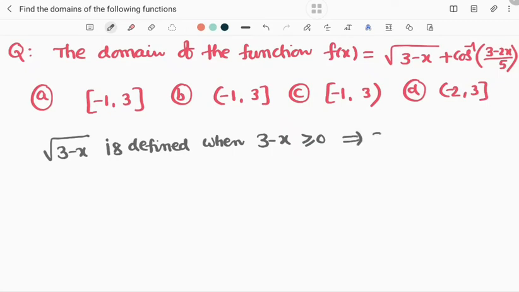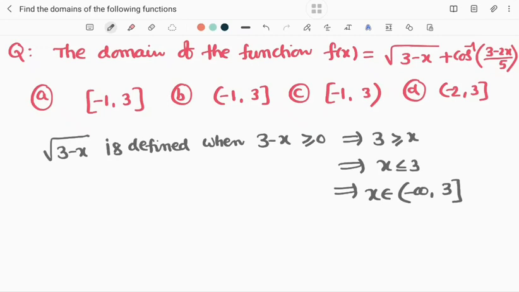So that implies 3 is greater than or equal to x, that implies x is less than or equal to 3. So x belongs to open minus infinity to closed 3. That we will represent in the real number line.